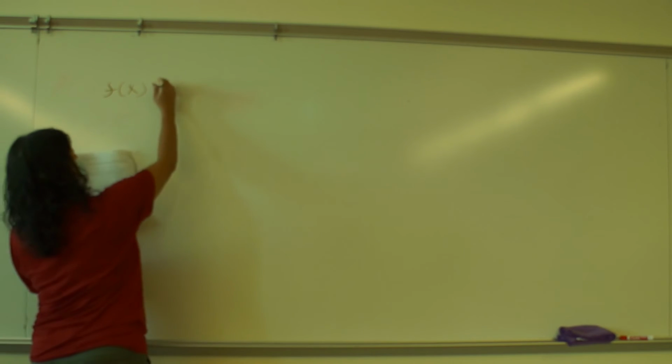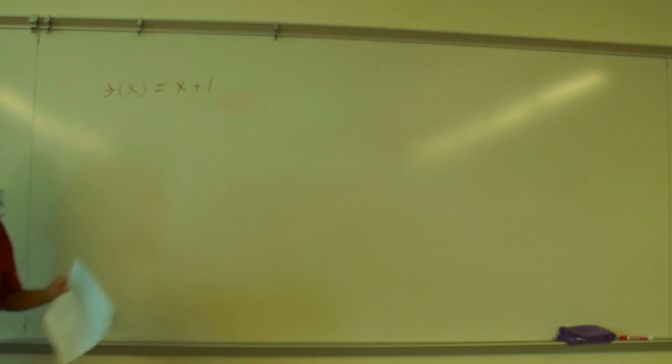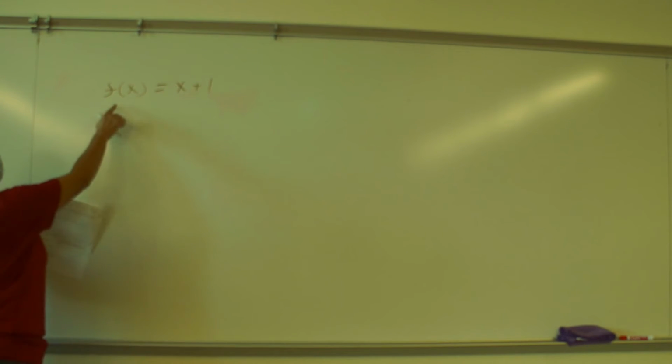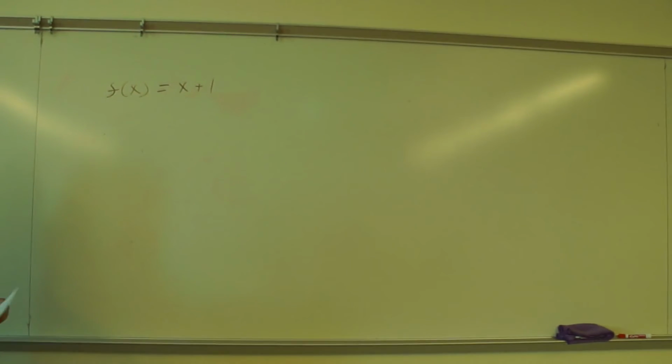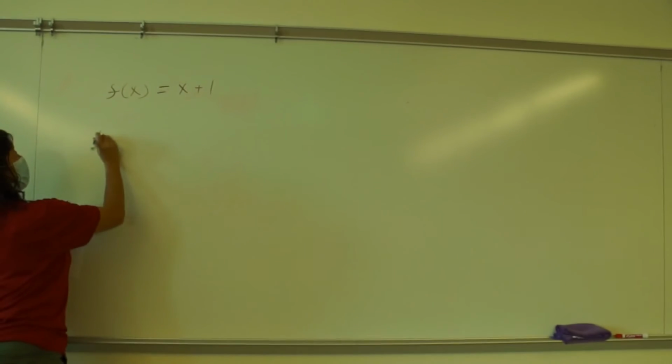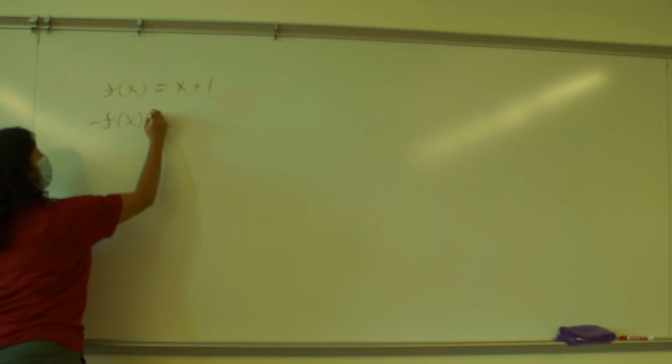So, for example, they give us an example. F of x equals x plus 1. Everybody on board with this part? But for the new function, my y becomes negative y. So what I really want is negative f of x. Right?